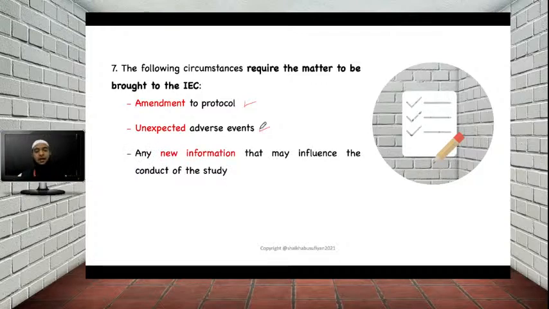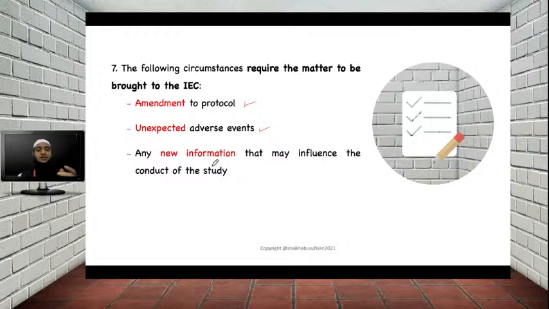Next, any new information that may influence the conduct of the study. So you have started the study and you get some new data. For example, in case of aspirin, it was used earlier as an NSAID. Now aspirin is used as an anticoagulant. It is used as an antiplatelet drug, right? So it is now used. Why? Because after starting the study, it was observed that aspirin has that particular advantage, that particular pharmacological action.